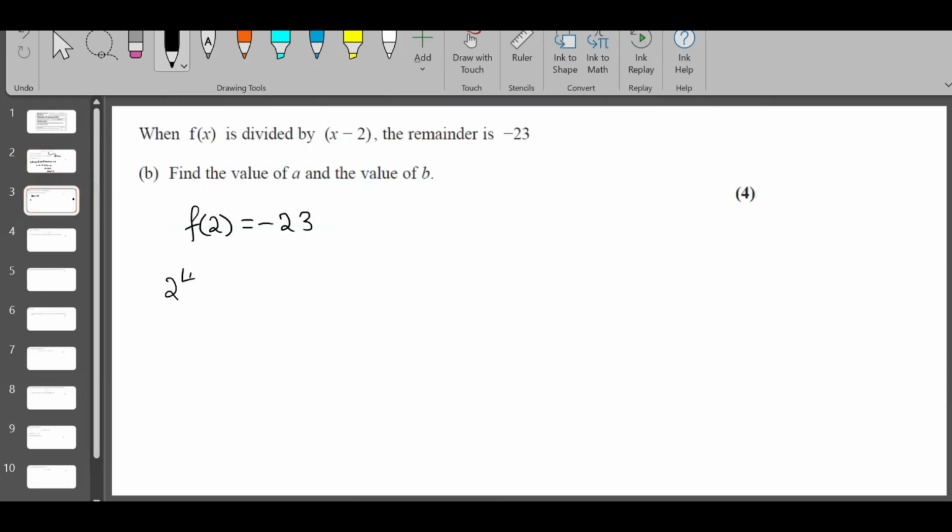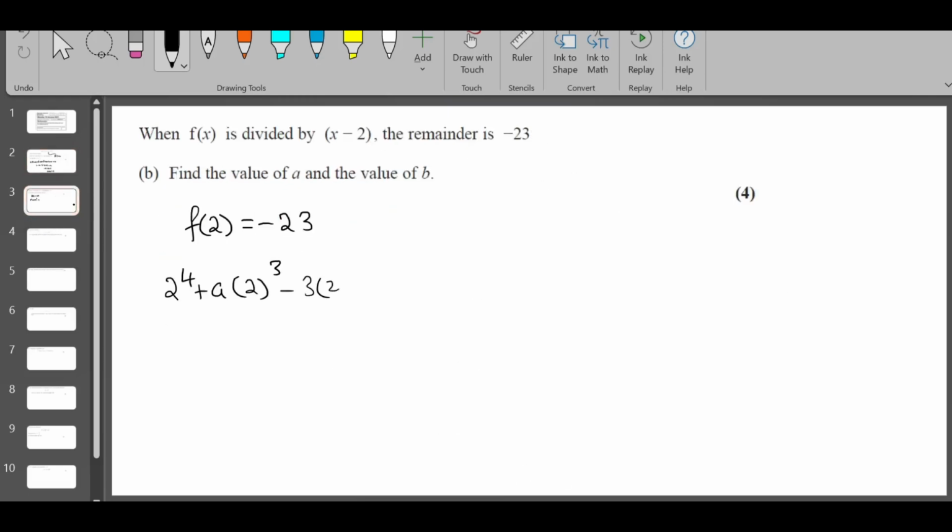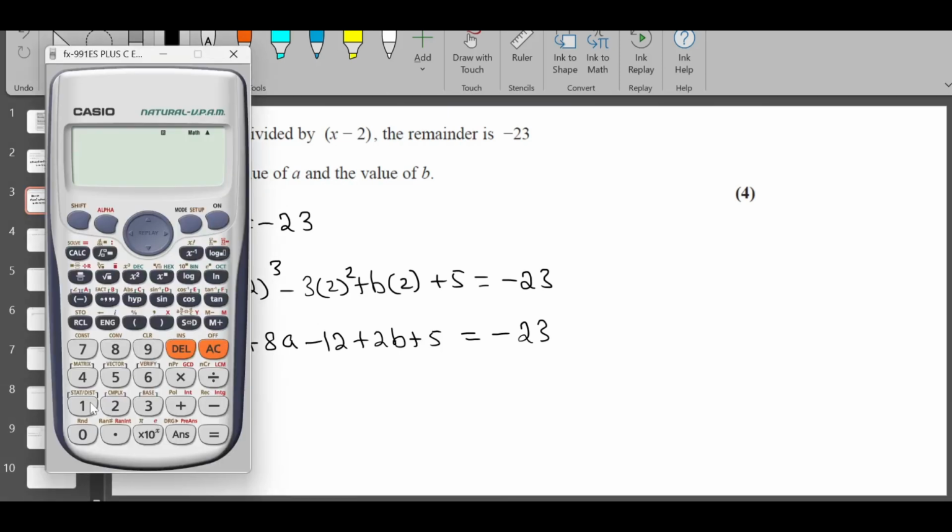So 2 power 4 plus a times 2 cube, minus 3 times 2 square, plus b times 2, plus 5 is minus 23. 2 power 4 is 16, 2 cube is 8, 2 square is 4, 3 fours are 12, 2b plus 5 is minus 23. So 16 minus 12 plus 5.